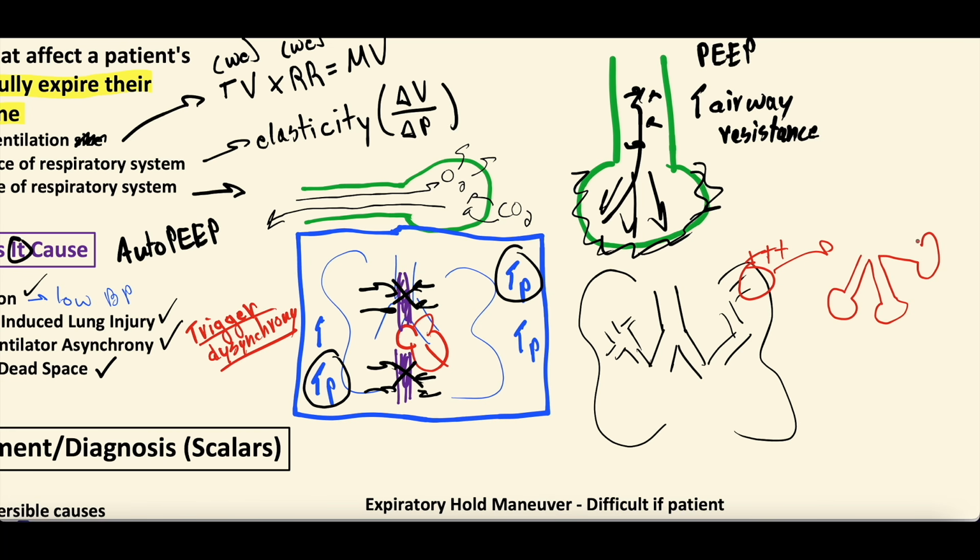And the circles at the end are the alveolus where air is exchanged. And this is the only area gas is exchanged, right? Oxygen that's flowing in goes into the bloodstream. Carbon dioxide from the bloodstream goes into the alveolus and then flows out. There's no gas exchange in the bigger airways. It's all in the alveolus.